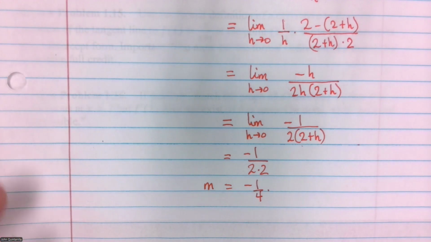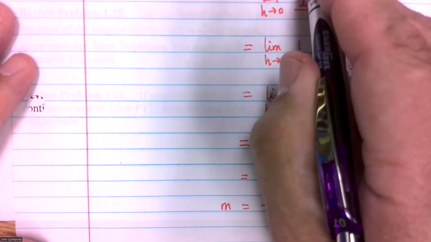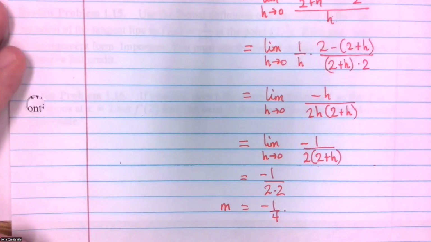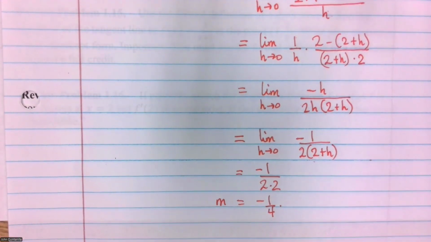Before I go too much further into this, let me point out an alternate method. An alternate method would be to find f prime of x. So notice that I plugged in 1 here. I could have left x here instead of 1 and then plugged in x is equal to 1. That would work. It would be a bit more work with more variables than what I have here in red, but that would work.